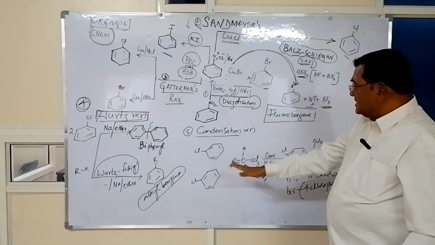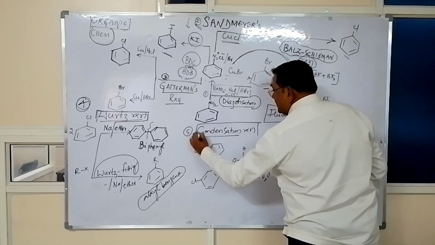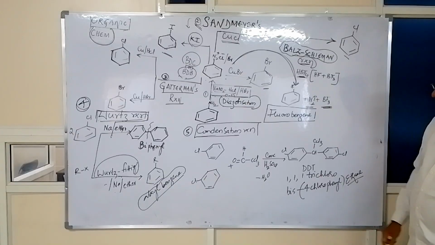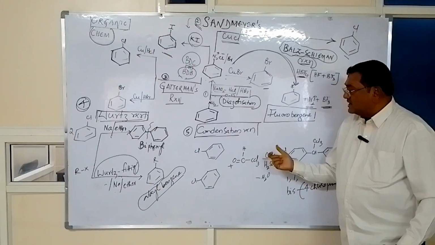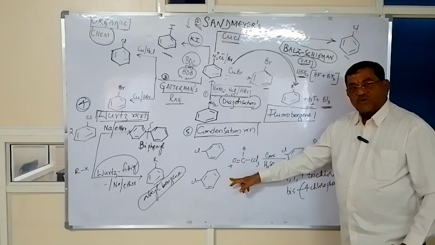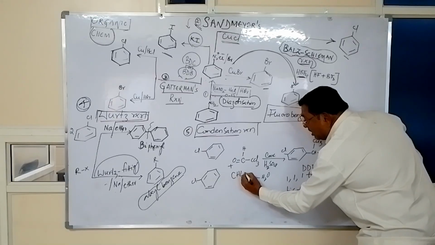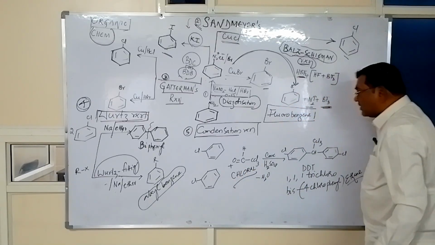Got it, children? Now another very interesting part, the fifth part. What is that, children? The condensation reaction of 2 moles of chlorobenzene with 1 mole of chloral.